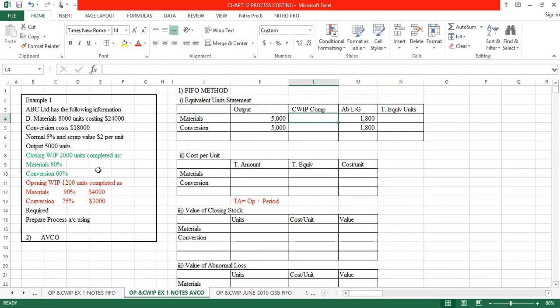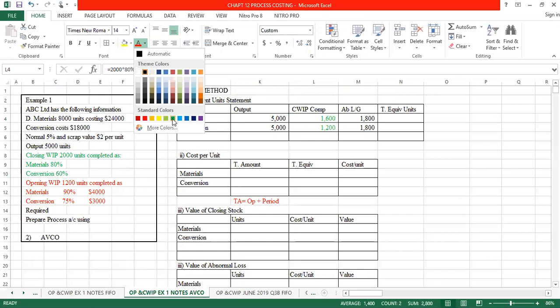Closing work in progress completed, you come here. Closing work in progress completed, 80% for materials. So 2,000 times 80%. And conversion is 2,000 times what percent? 60%. So let me put this in green so that you know where we picked it from.